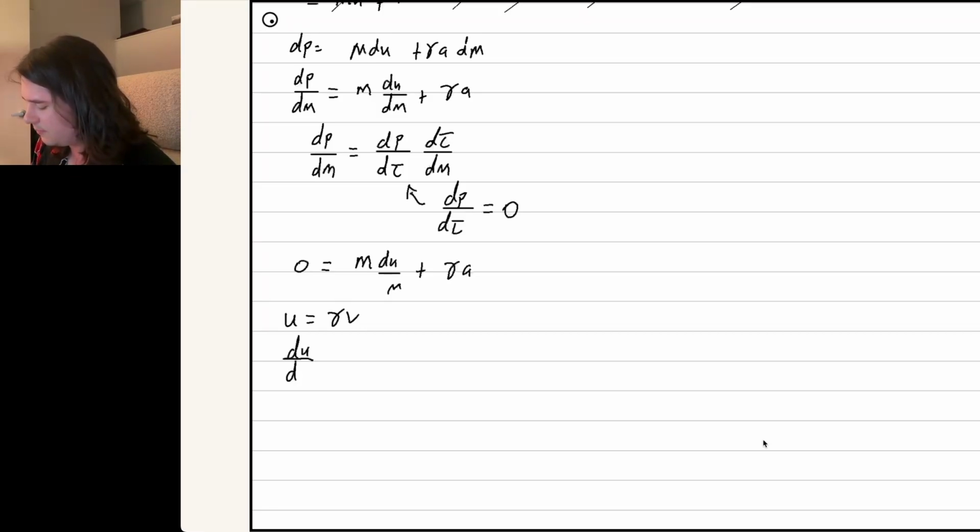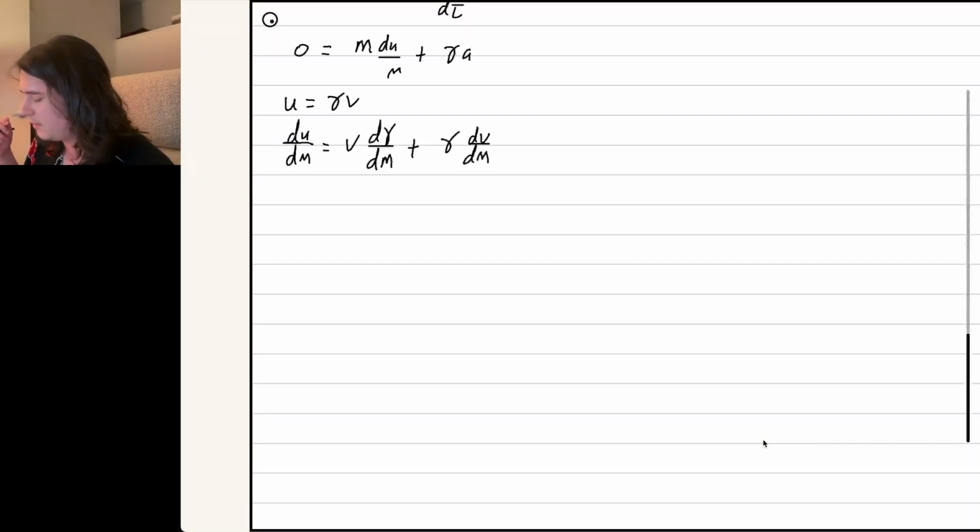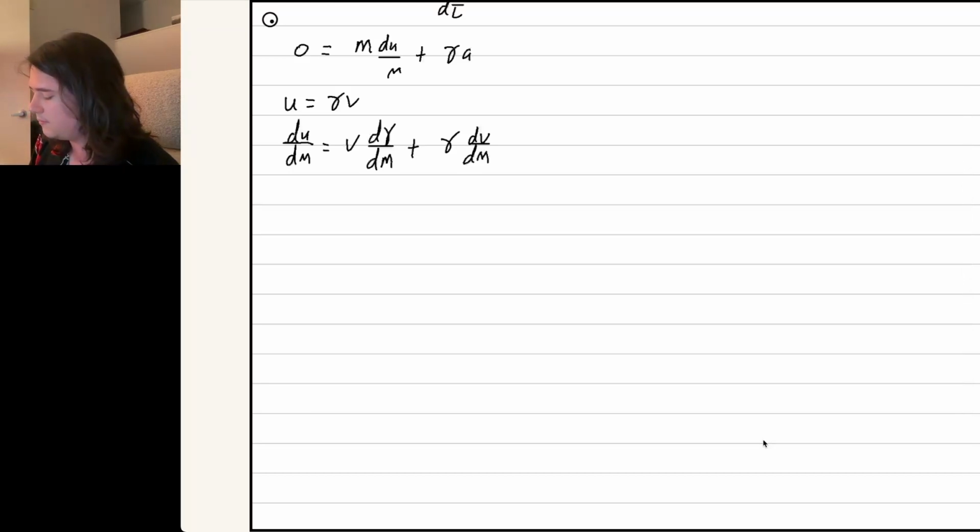So du/dm is going to be v d gamma/dm plus gamma dv/dm, product rule there. We can also put d gamma/dm in terms of dv/dm. So let's do that.